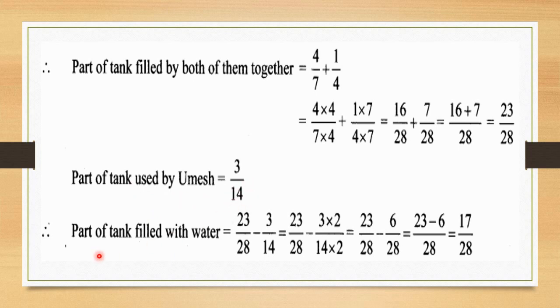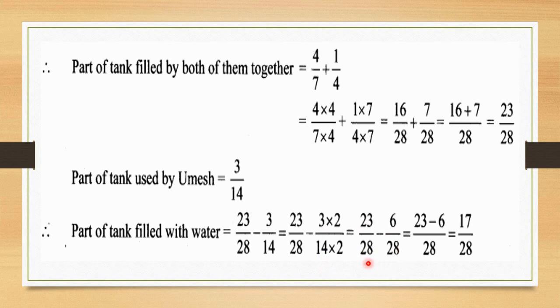So part of a tank filled with water is equal to 23 by 28 minus 3 by 14. So 23 by 28 minus 3 multiplied by 2 upon 14 multiplied by 2. So here you will get 23 by 28 minus 6 by 28.